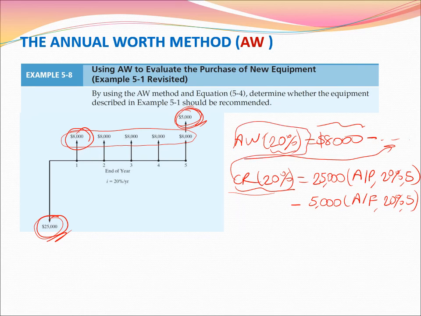If the annual worth is greater than or equal to 0, we accept the project, otherwise we reject the project. Of course, for this capital recovery, instead of using this method, you can use the formula that we developed and also find the capital recovery.